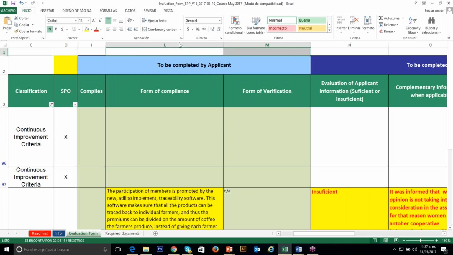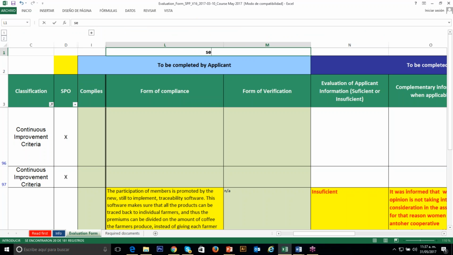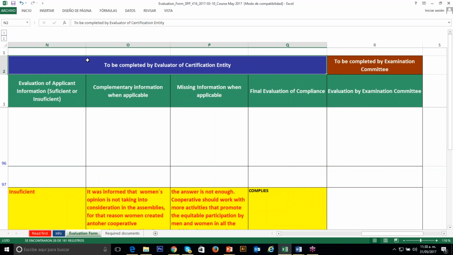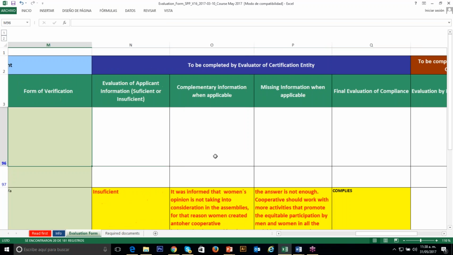We reviewed an example for a small producer organization, but it is the same for a company. The self-assessment is just these two columns, because they complete the form as a self-assessment for the company or for the organization. But the part to be completed by the evaluator of the certification entity is not a self-assessment, it is an evaluation, in fact.